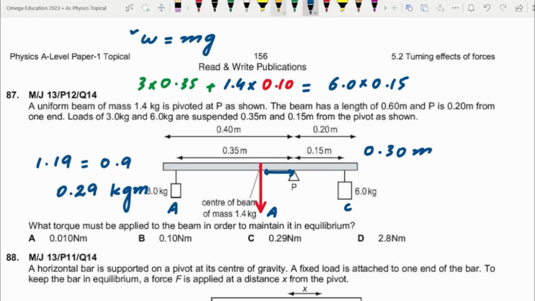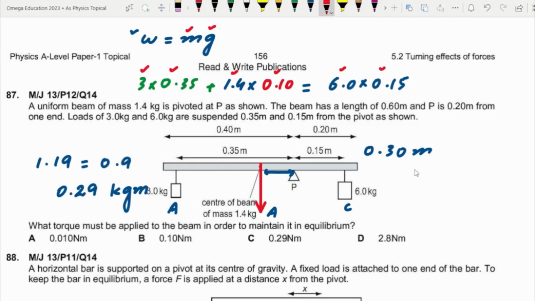So your weight is a force, and that is the product of your mass times 9.81, the gravitational field strength, or acceleration of free fall. So we converted our formula in terms of the masses, and the final answer, the resultant, was 0.29, but with the unit of kilogram meter, because this is kilogram, this is meter, and so on. Now we can convert the kilogram into Newton.